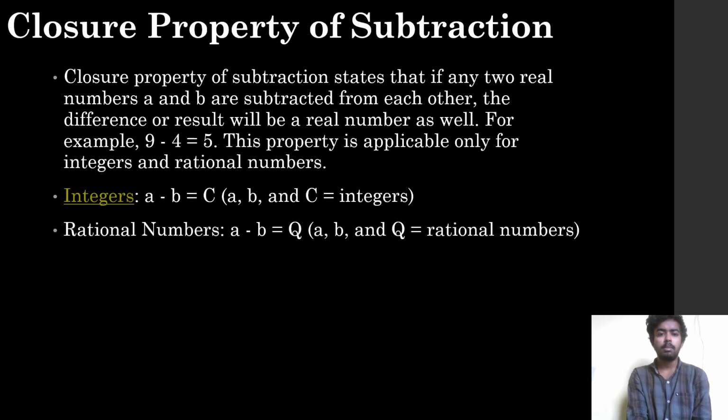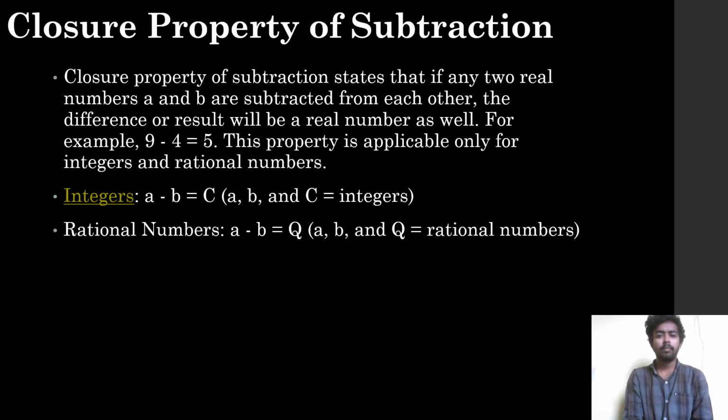Closure property of subtraction. Closure property of subtraction states that if any two real numbers a, b are subtracted from each other, the difference or result will be a real number as well. For example, 9 minus 4 equals 5.